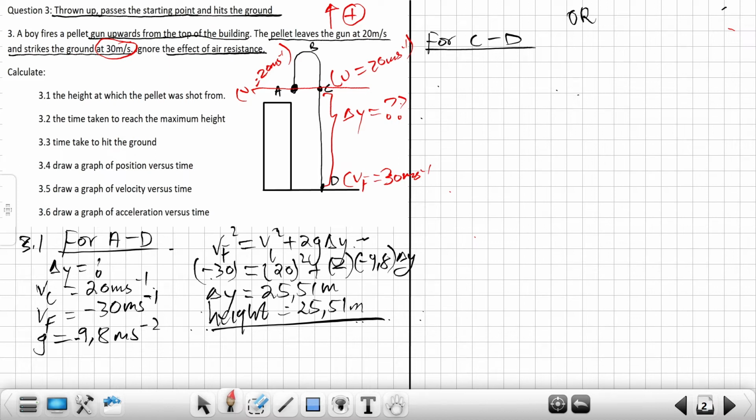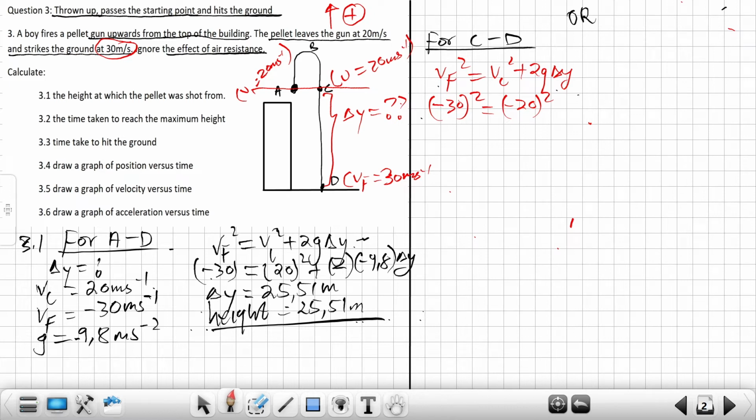but the only thing that will change now is the direction. So I will still use the same equation, VF squared is equal to V initial squared plus 2G delta Y. Then my V final will be negative 30 squared, which is equal to minus 20 squared, because at C, now my object is moving downwards, hence I have the initial velocity as minus 20.